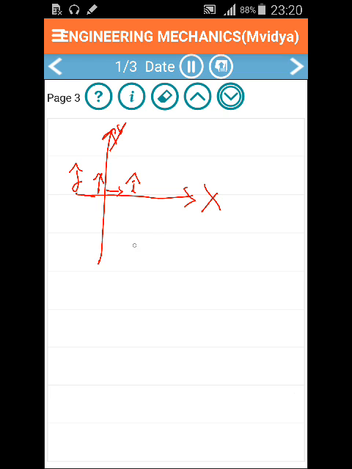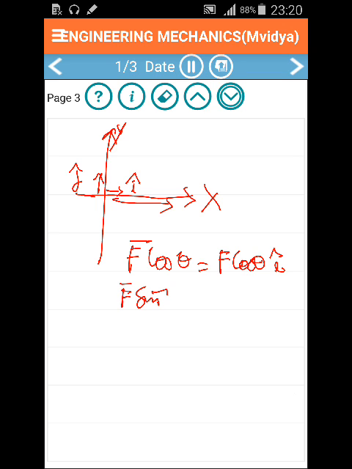So f cos theta in this direction I can write as the magnitude F cos theta times the direction, which gives me a complete vector, F cos theta i cap. Similarly, my F bar sin theta is oriented along the y-axis. I can write it as the magnitude F sin theta, and the direction I will get from j cap.